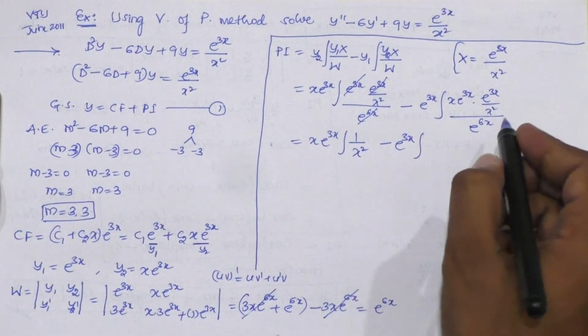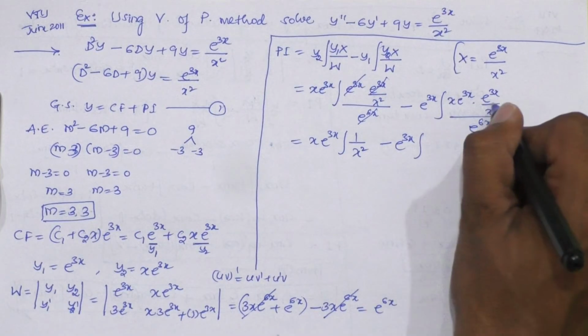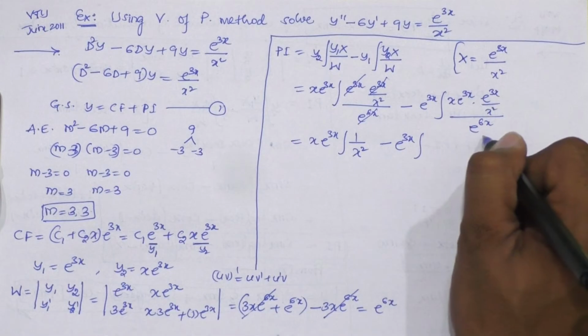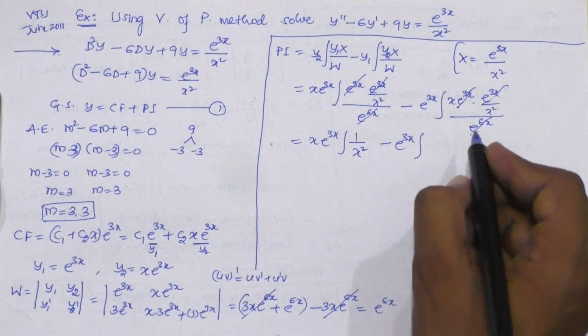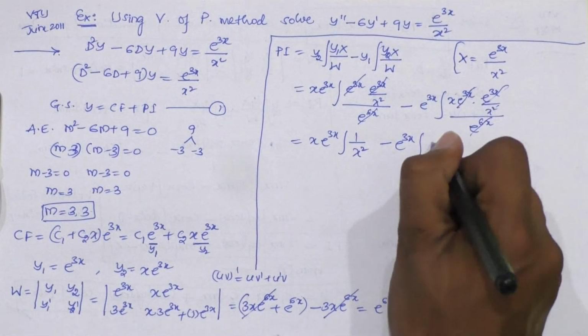Here also, the numerator has e raised to 3x, so when you multiply, e raised to 6x divided by e raised to 6x cancels. Then x divided by x square: x cancels, so you get 1 by x.